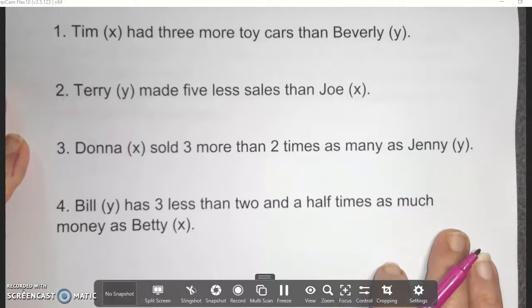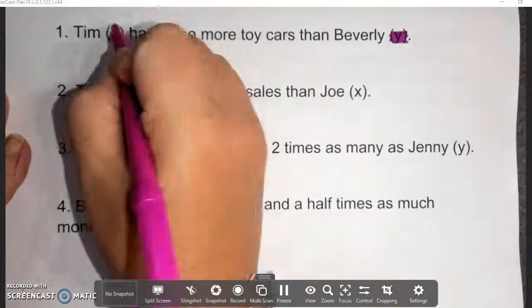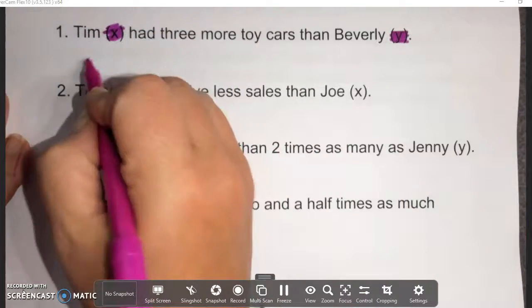Tim had 3 more toy cars than Beverly. So who's got the most? Tim's got the most.